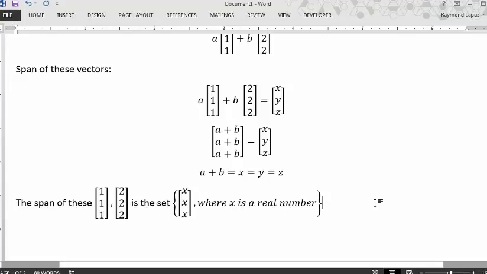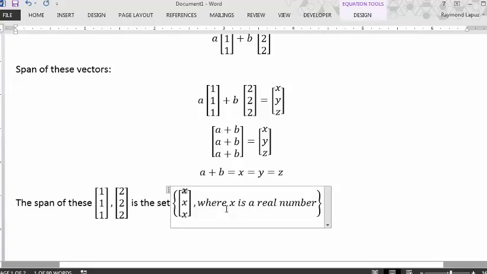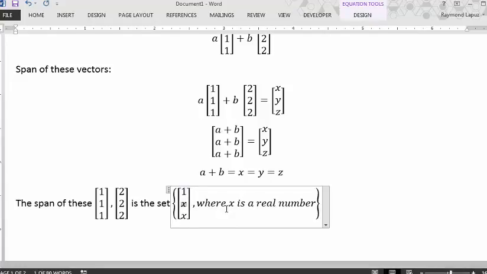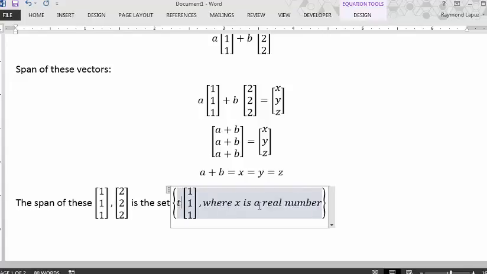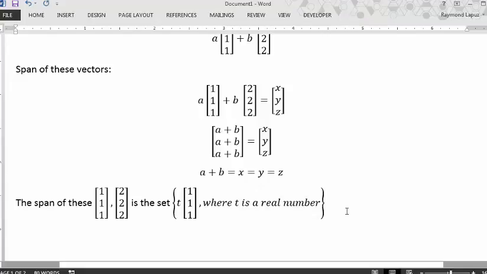Now, if you can imagine how this might look, this thing would look like a line in three-dimensional space. Instead of calling it x, x, x, we can call it 1, 1, 1, where this whole vector 1, 1, 1 is being multiplied by t. Now, if we change it to that, then we can express this as a line.